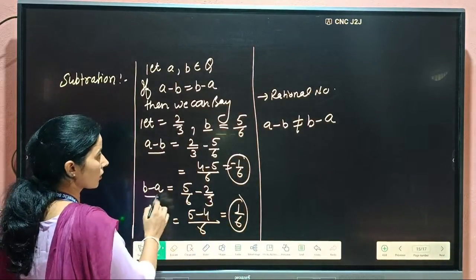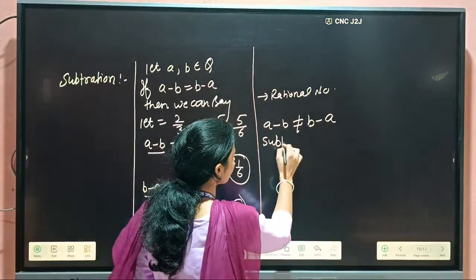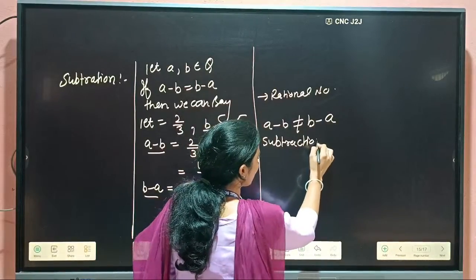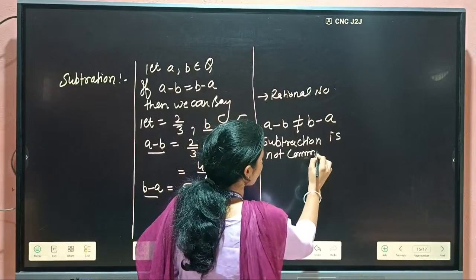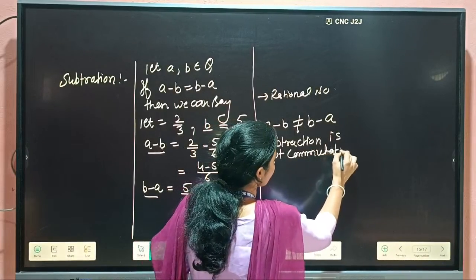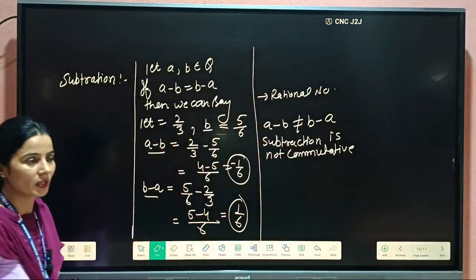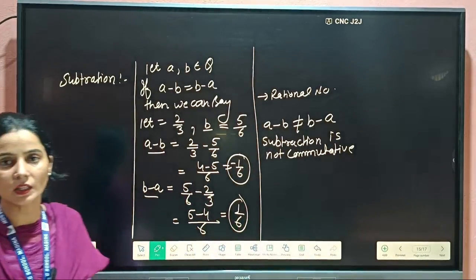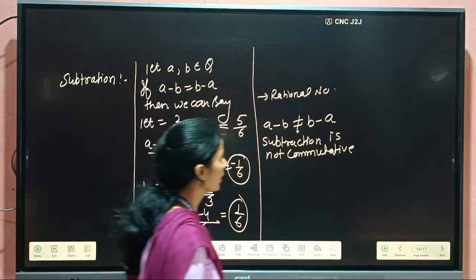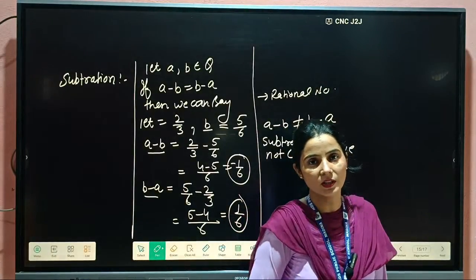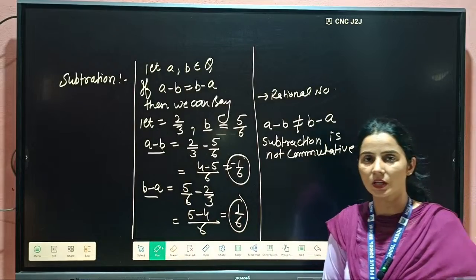It means subtraction is not commutative. Rational numbers don't hold commutative property under operation subtraction, but rational numbers hold commutativity property under operation addition.